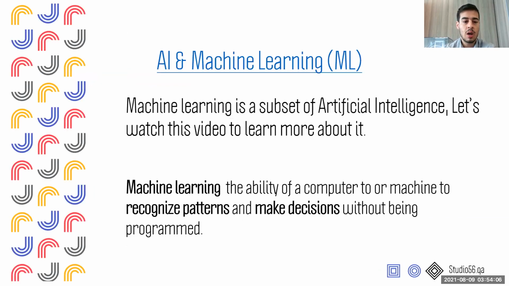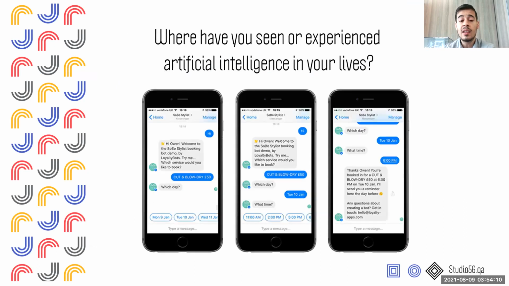Then we are going to talk about machine learning, showing, for example, a video about machine learning, and ask the participants, where have you experienced machine learning in your life? They will answer, for example, email filters, autocomplete text, and the video recommendation system in YouTube. When you watch a video about nature, YouTube will start recommending videos about nature and also new things that you like.